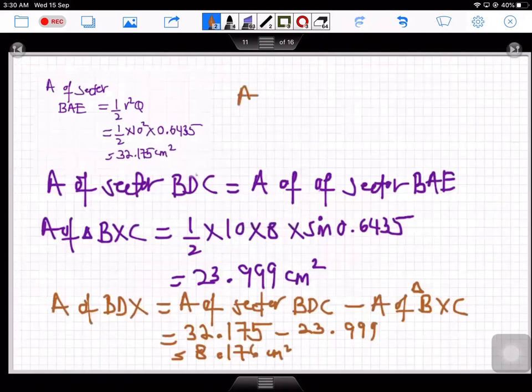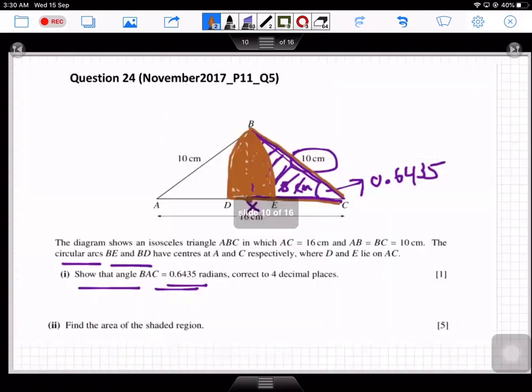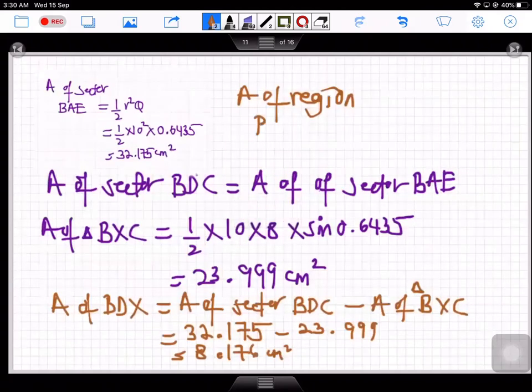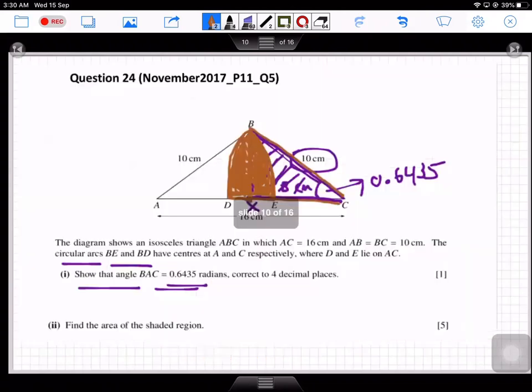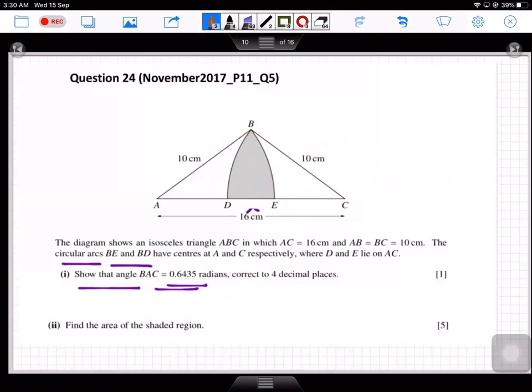You can identify this as BDE. How much is this? This is 16.352 centimeter square, which is actually our required area. This is our required area, and we just found it.